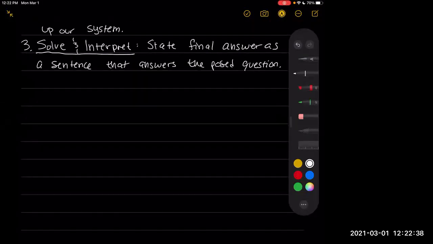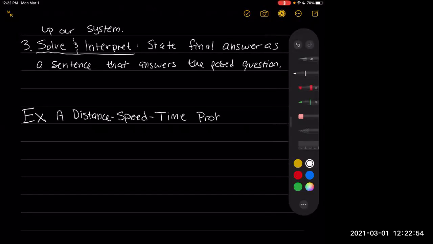So we're going to look at an example of a distance, speed, time problem. These are often going to be posed as word questions.